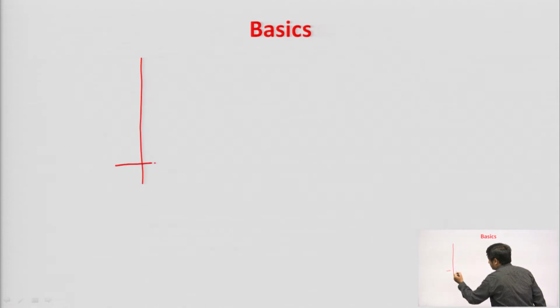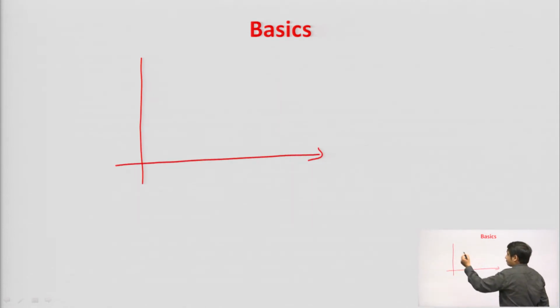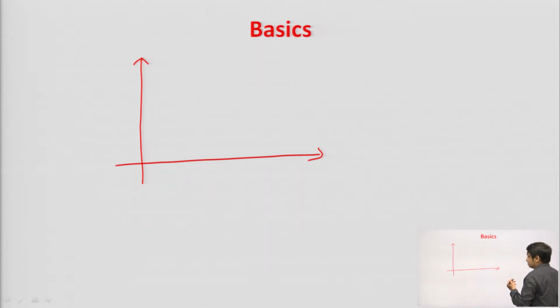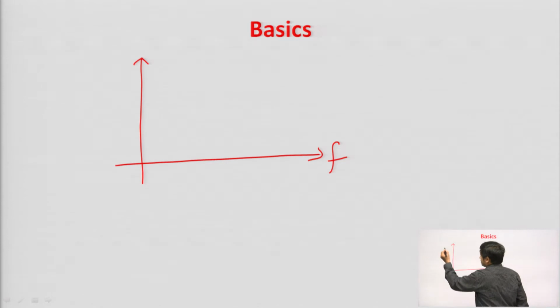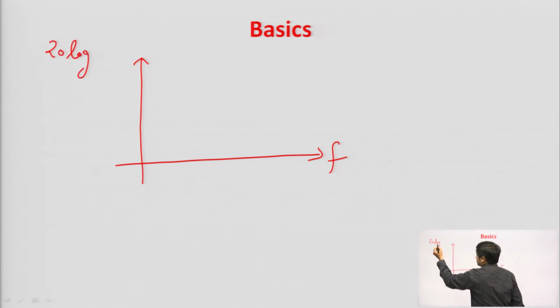So, when we draw the frequency response of common source amplifier or common emitter amplifier, on x axis there is frequency, on y axis there is voltage gain in dB. In dB means 20 log mod of V naught upon Vin.